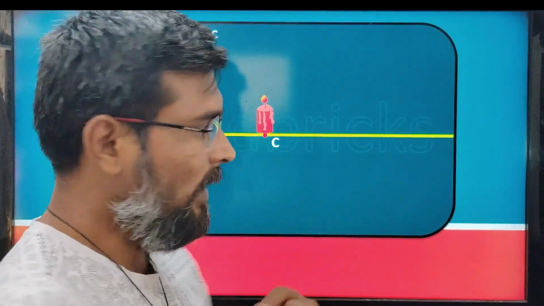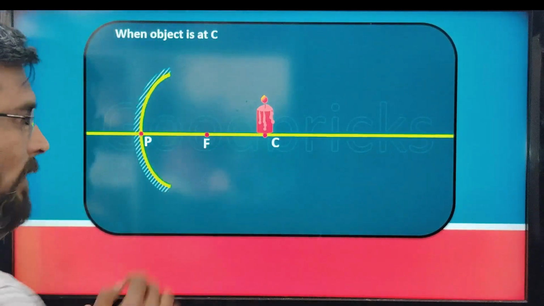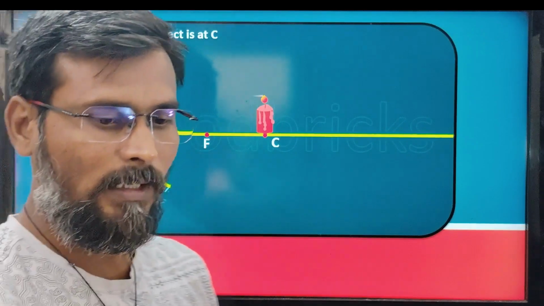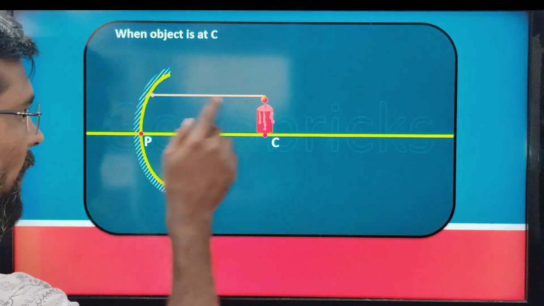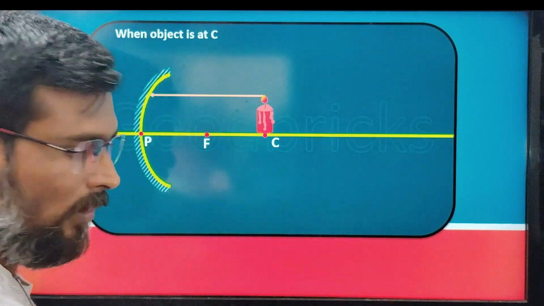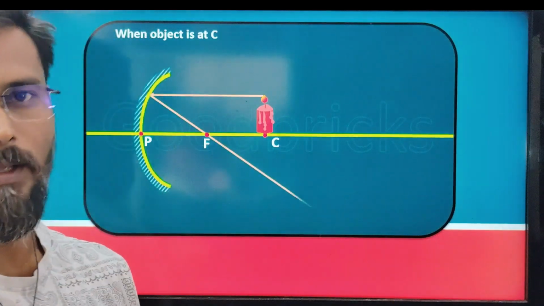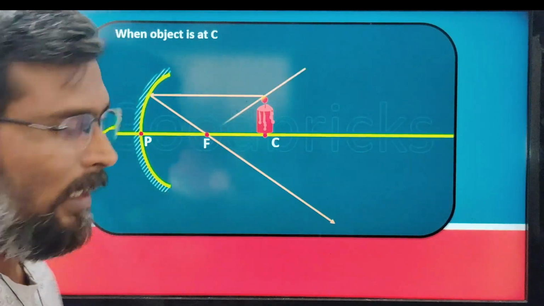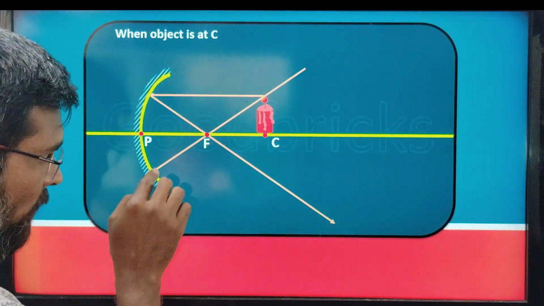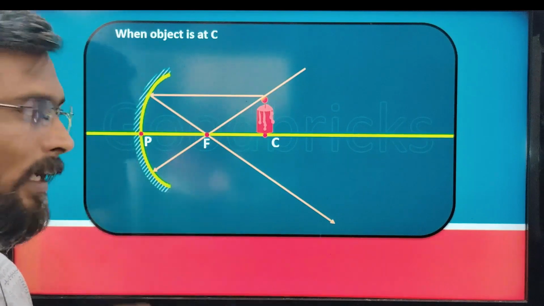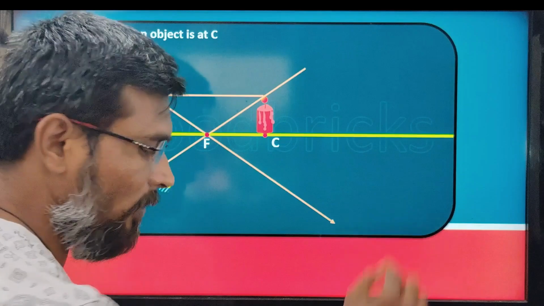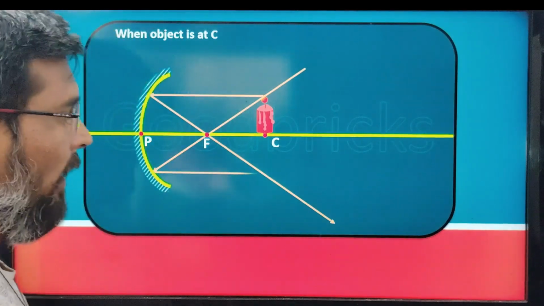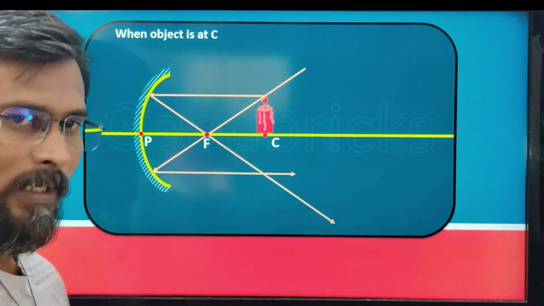Now the object is at C. So again let us draw rays. The incident ray parallel to the principal axis passes through the focal point. One ray we have drawn. One more ray we have to draw. So let us take an incident ray which is passing through the focal point, and its reflected ray will be parallel to the principal axis. And these are the two reflected rays.